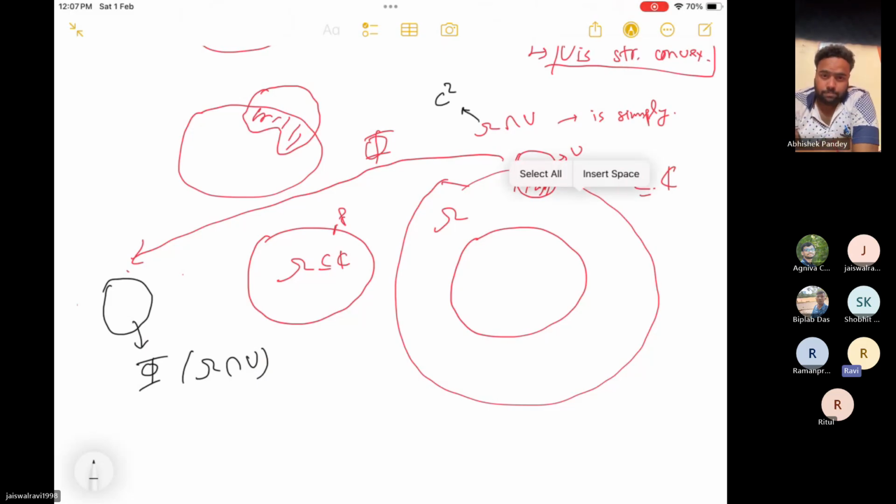We can take U nice enough such that omega intersection U is C2. Now, if our domain is C2, then phi is also smoothly extended. So this point is 0 and phi is smoothly extended. You can see this point is a point of strong convexity, or the point is convex, right?